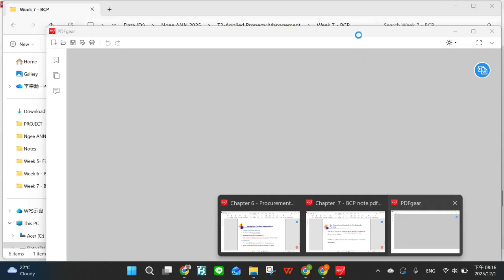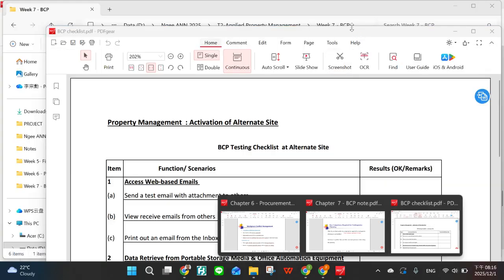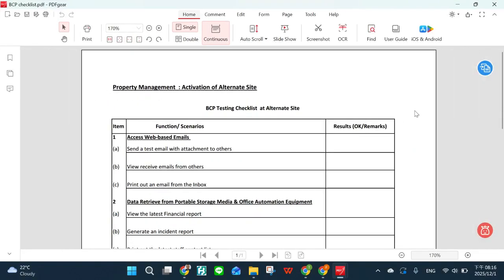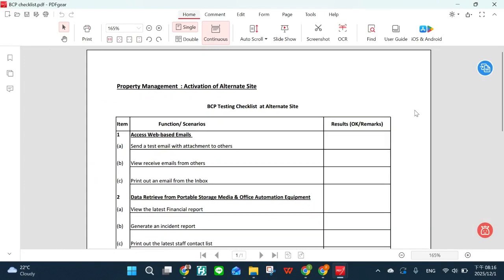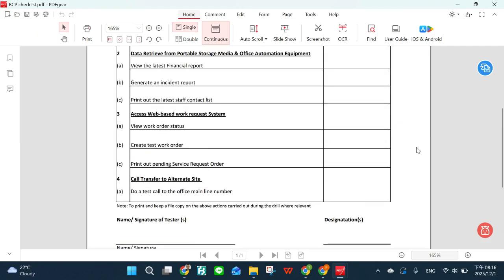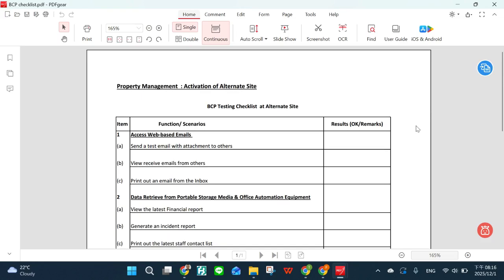So this is a very old checklist. I don't think it's really applicable now because we can work from anywhere.